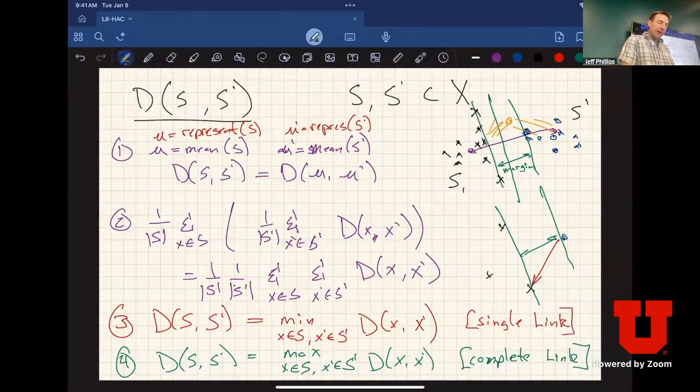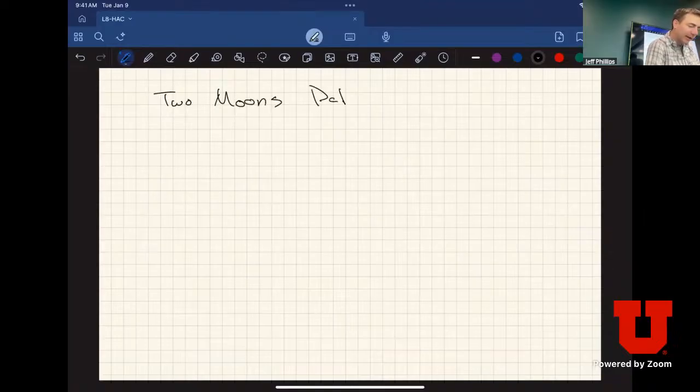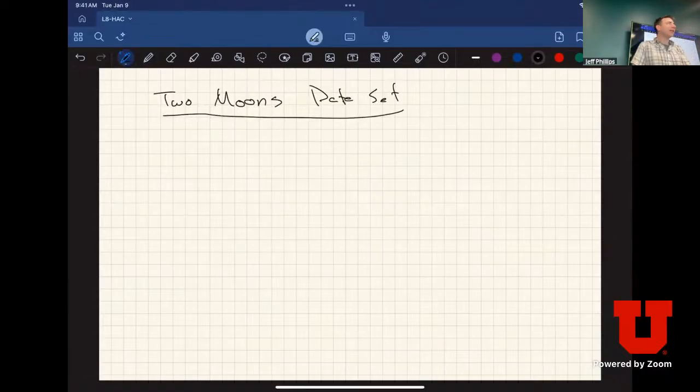Let me give an example. There's this two moons data set. I really dislike this data set. It looks something like this, as an example of why you'd want to use single link.